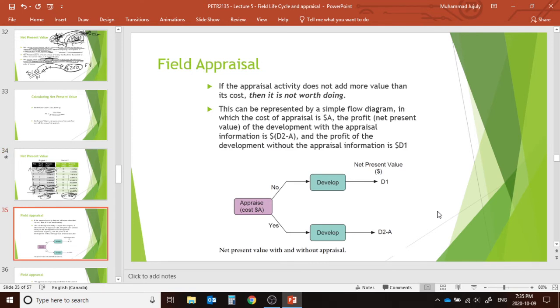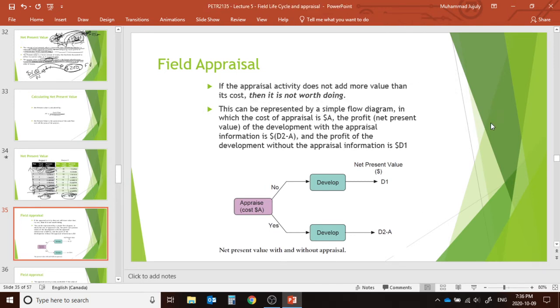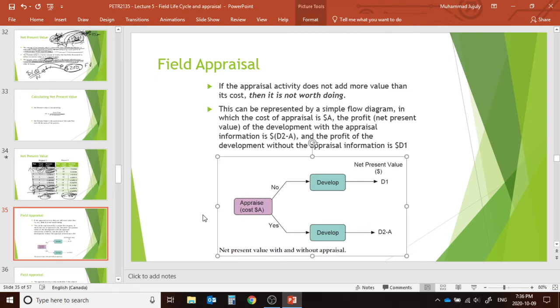Field appraisal. Remember, if the appraisal activity does not add more value than its cost, then it's not worth doing. Okay, let's see an example of how the appraisal activity works. So this is a decision making tool.